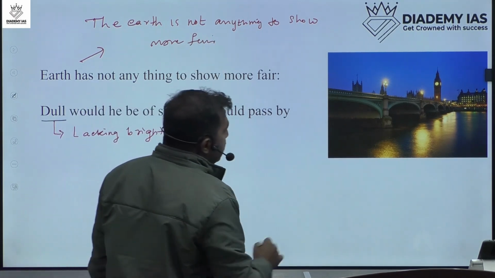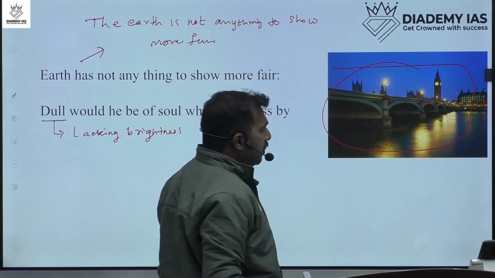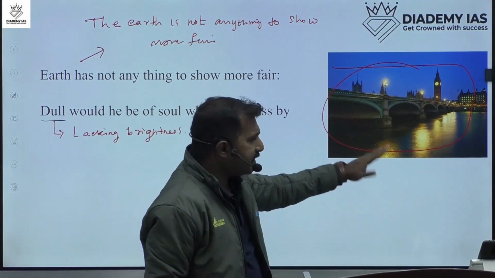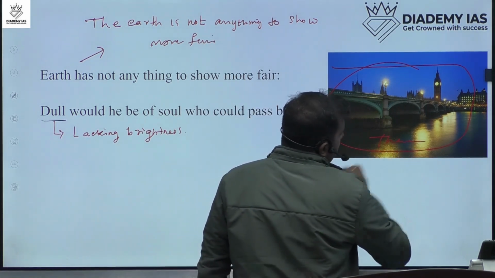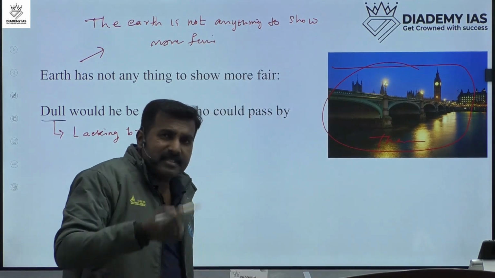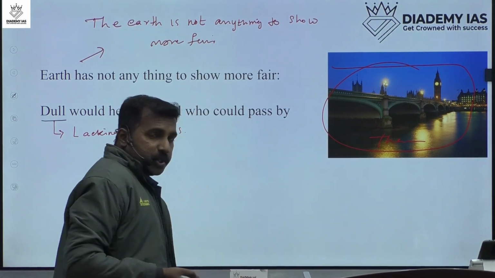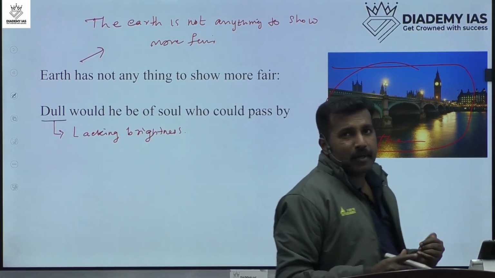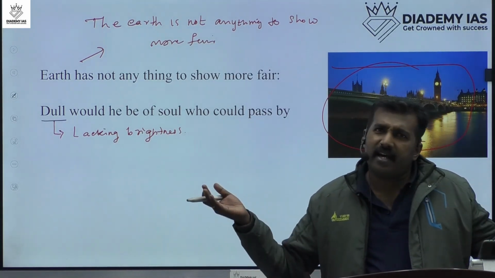It means that when the poet sees this location, Westminster Bridge in England and the Thames River, in the first 2 lines of the poem, the poet casually says that nothing is fair in this.